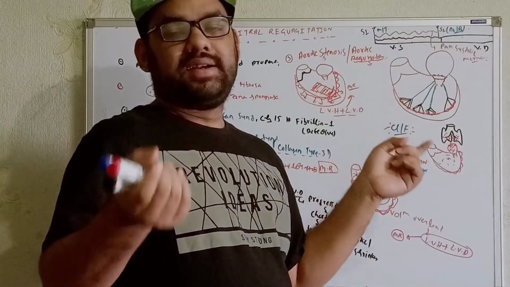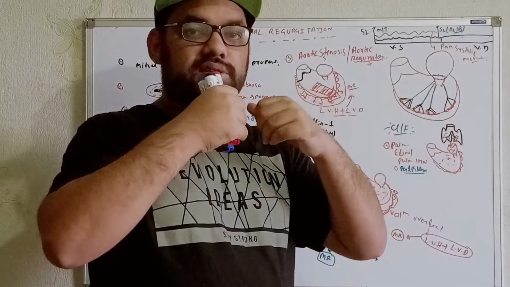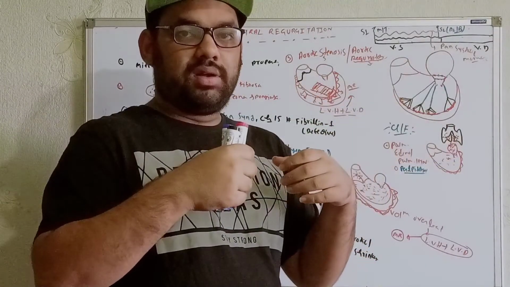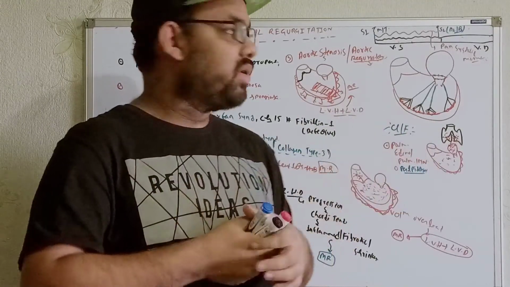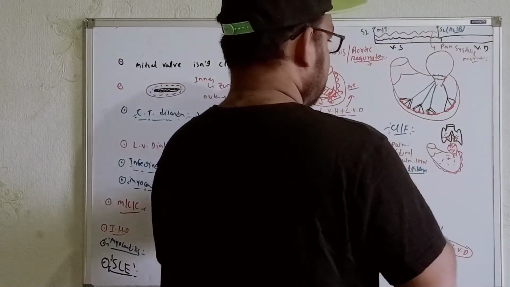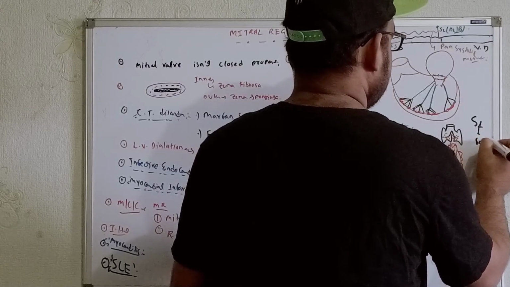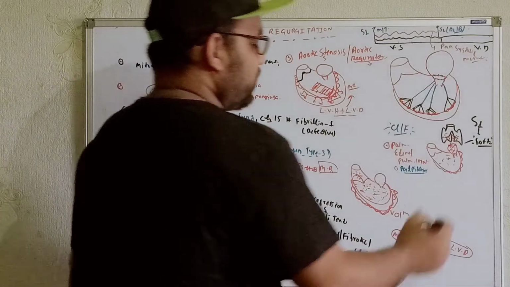Whenever we get a dilated fibrous ring, the two valve leaflets will not be able to fuse with each other. As a result, the loudness of S1 will be soft. So in these cases, S1 will be soft.